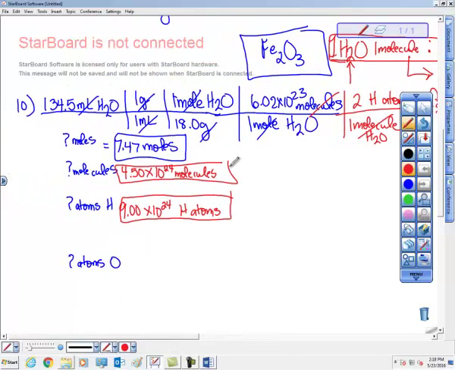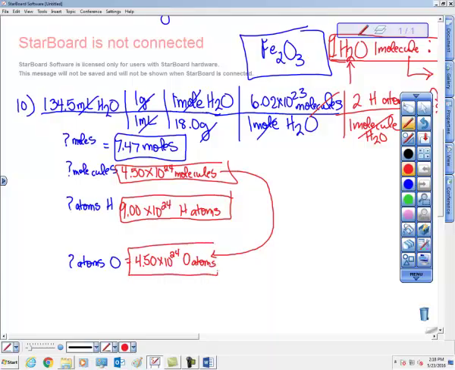So it's kind of like this answer right here. It's going to be the same because it's times 1, right? So 4.50 times 10 to the 24th oxygen atoms. All right, there you go. You got number 10.